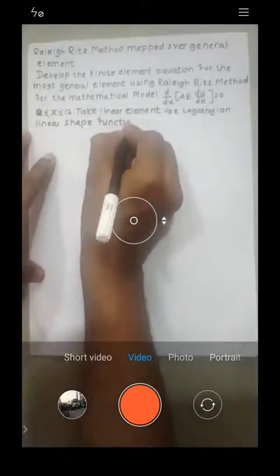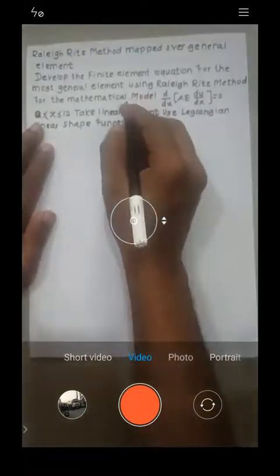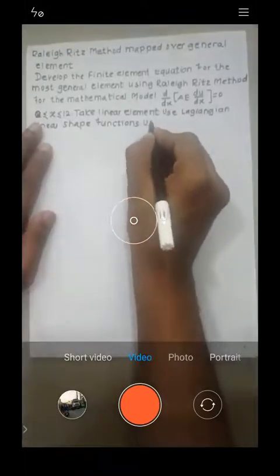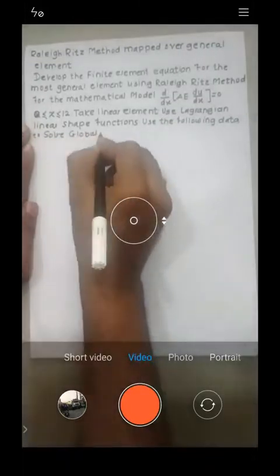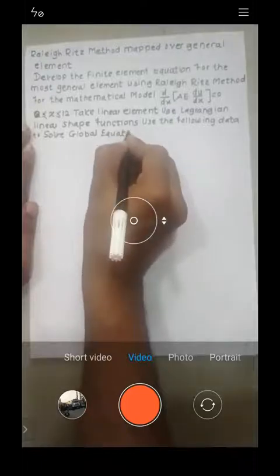Use the following data to solve the global equation. Use three elements.